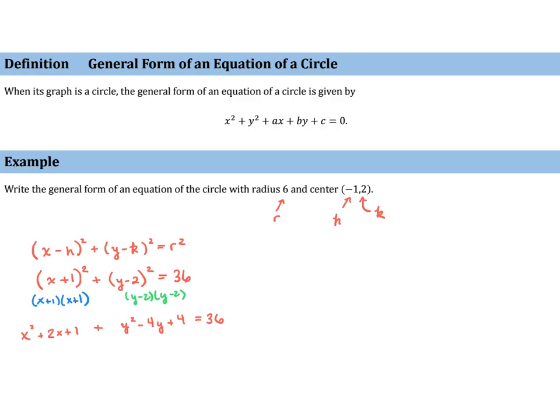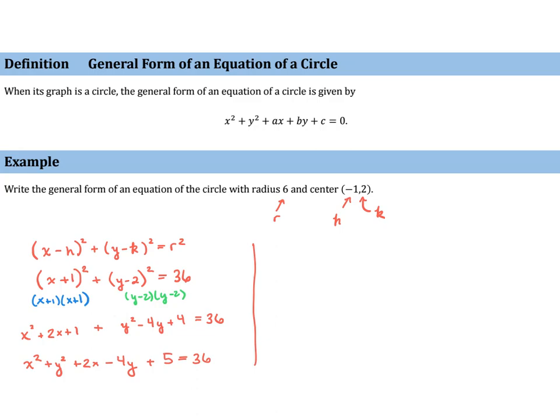Now, we need to write our squared terms alphabetically, and then our x's and y's alphabetically. So x squared plus y squared plus 2x minus 4y, and then we have plus 1 plus 4 will be plus 5, and this is equal to 36.